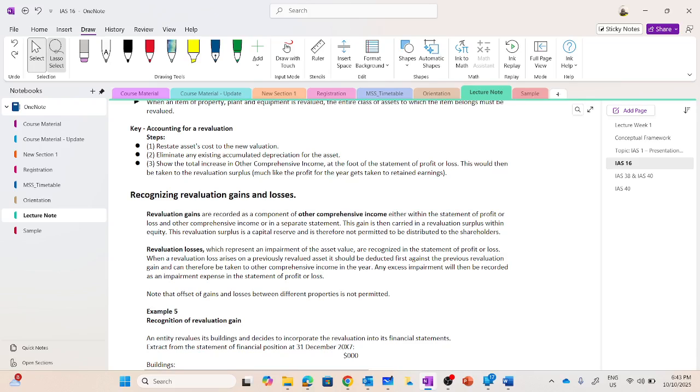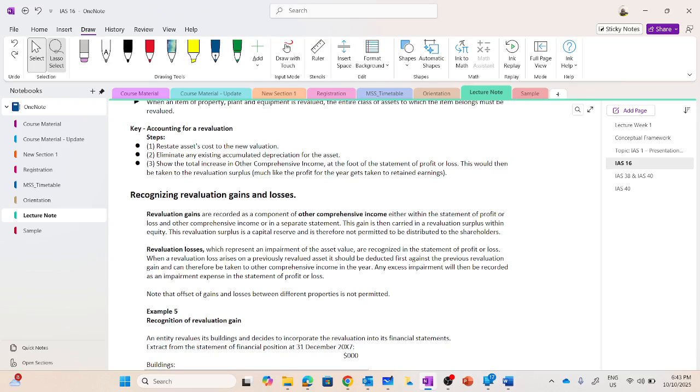Now, if there is any excess revaluation loss, for instance, let's make the example a different way. Now the revaluation reserve amount is 10,000. Then during our current revaluation process, we have a loss of, for example, 15,000.